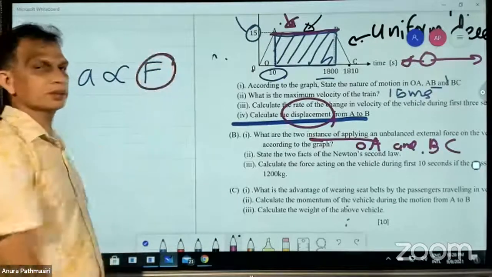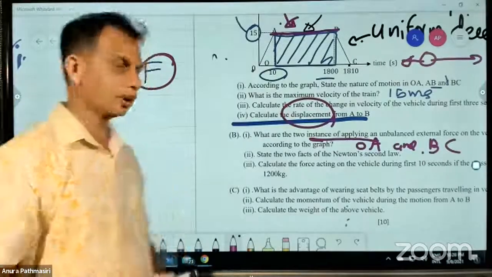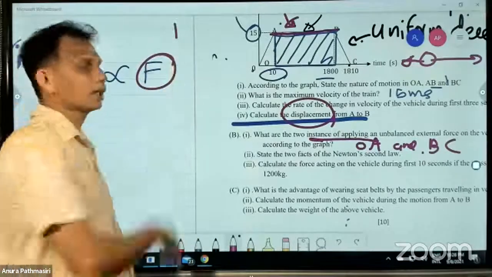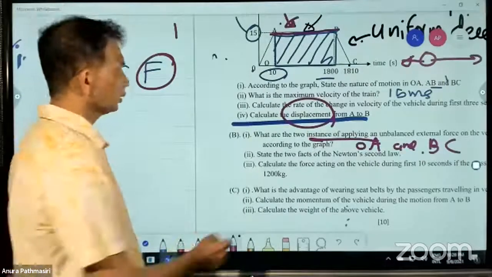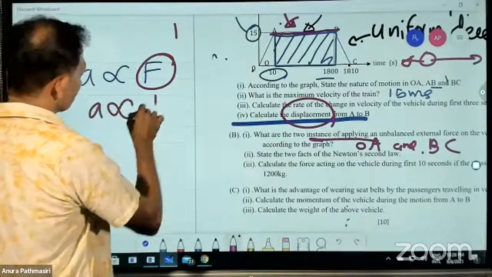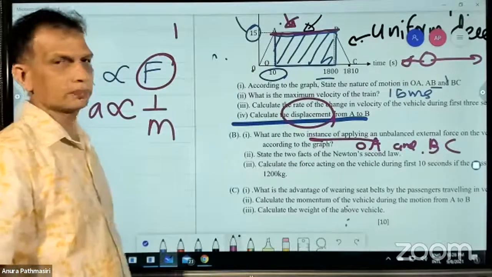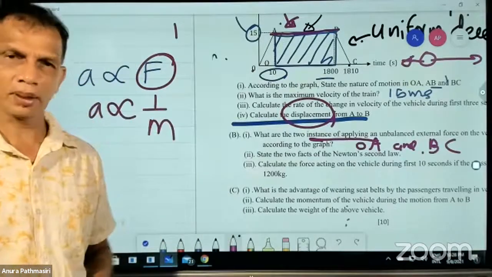The second one is that it is inversely proportional to the mass of it.